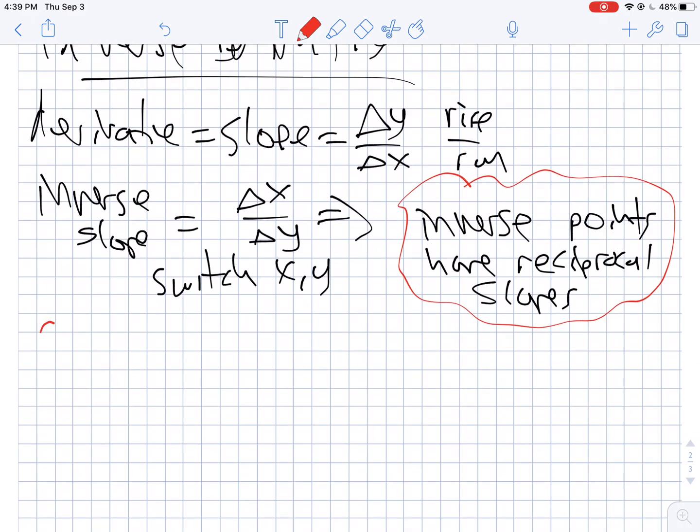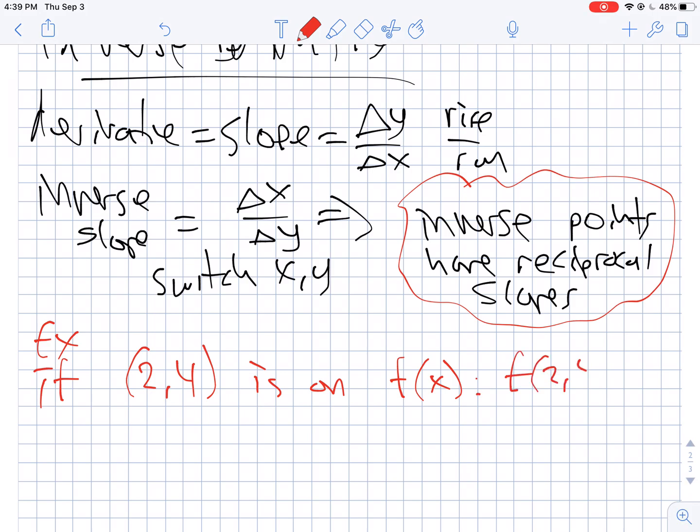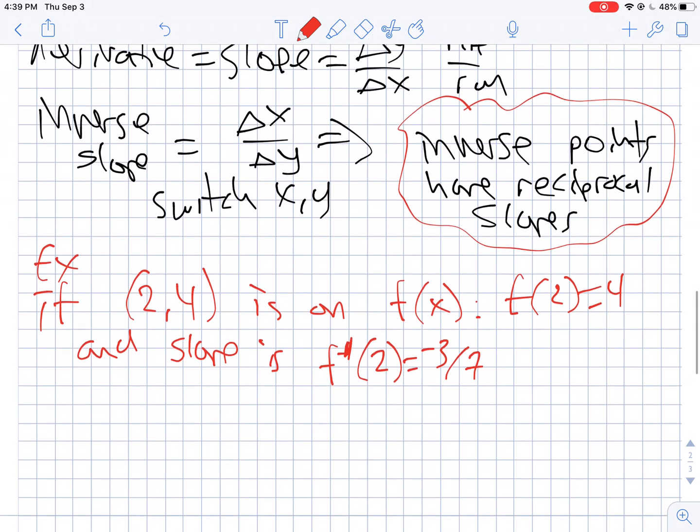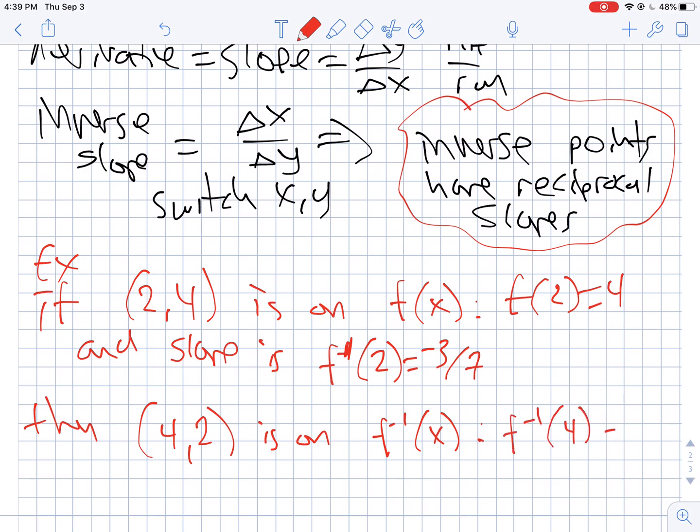So, for example, if (2, 4) is on f of x, meaning that f of 2 is equal to 4, and the slope is f prime of 2, and f prime of 2 equals negative 3 over 7, then that implies that (4, 2) is on the graph of the inverse function, f inverse of x, and the inverse function of 4 is equal to 2.